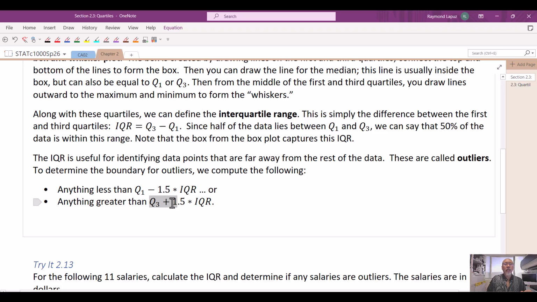Or you can take the right side of your box, which is Q3, and add the 1.5 IQR to that, and anything beyond that would be an outlier that is really large. So those are ways to be able to use the 5-number summary.